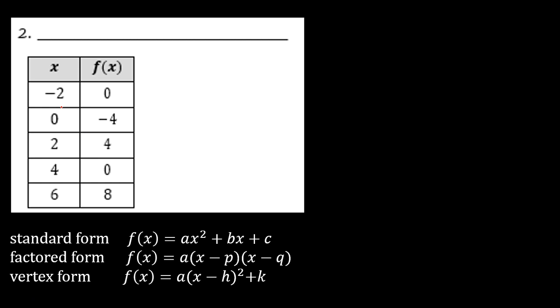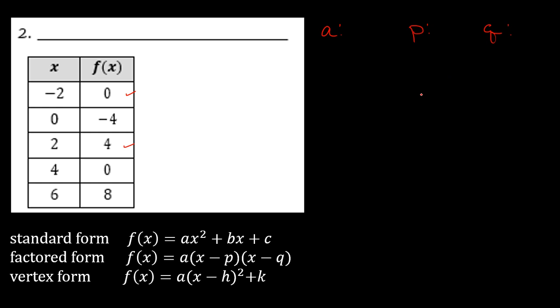Number 2, my x values are not consecutive integers, so I cannot use standard form directly. I have been given the roots, so I'm going to use factored form. With factored form, you have an A, a P, and a Q to identify.